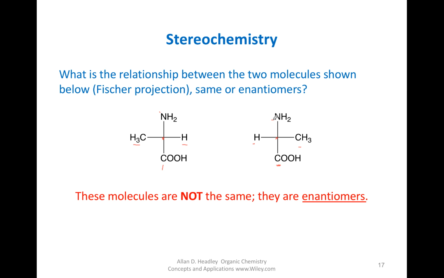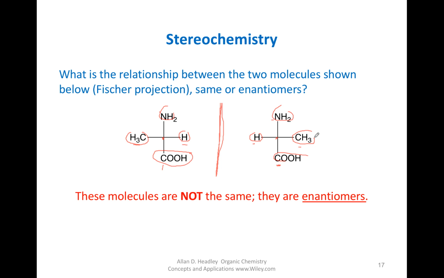But just looking at this molecule here, here's one observation. If we had a mirror right down here, right in the middle, you can see that this hydrogen reflects on that hydrogen, this amino group reflects on that, this carboxylic acid reflects on that, and this which is over here reflects over here. So they are in fact mirror images of each other.